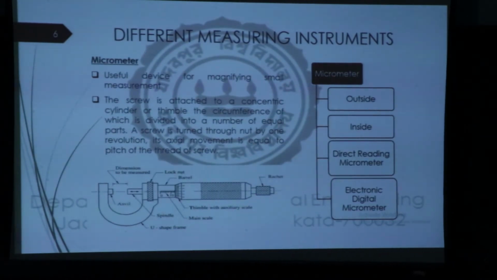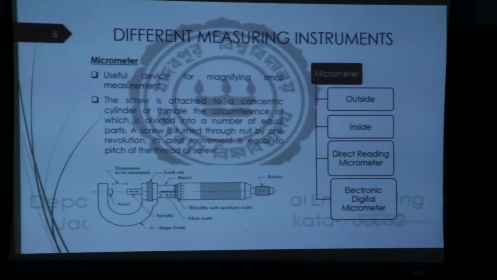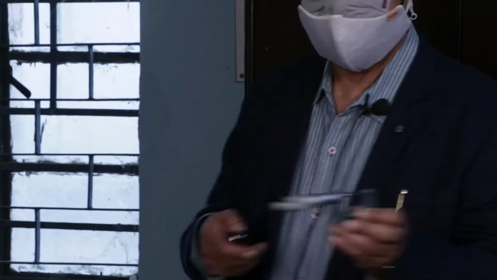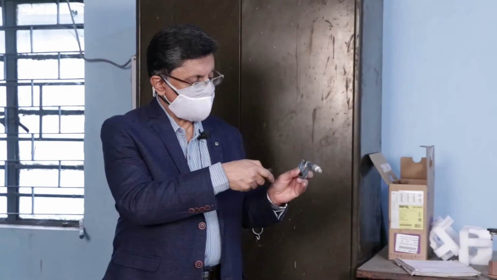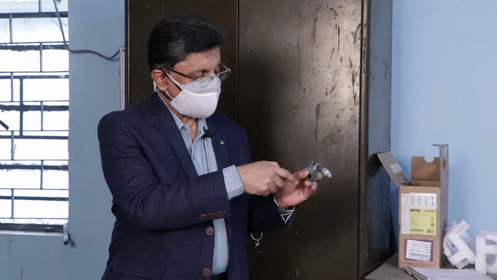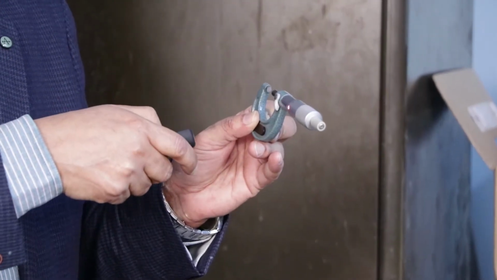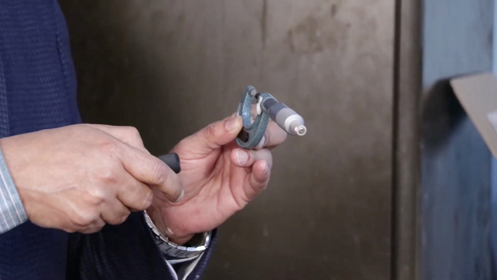Three basic mechanisms: the locking mechanism will be here, and the screw nut mechanism will be here. So, this is the instrument that you see here. This is the locking mechanism, this is the sleeve or barrel, this is the thimble, this is the ratchet.